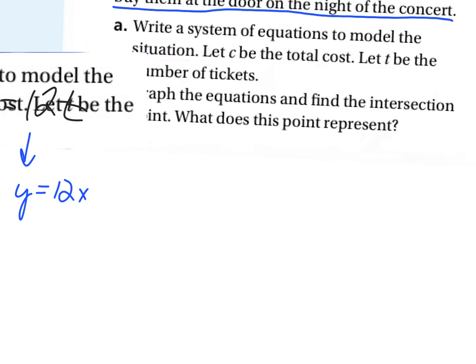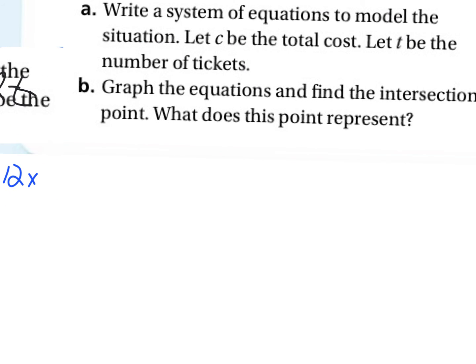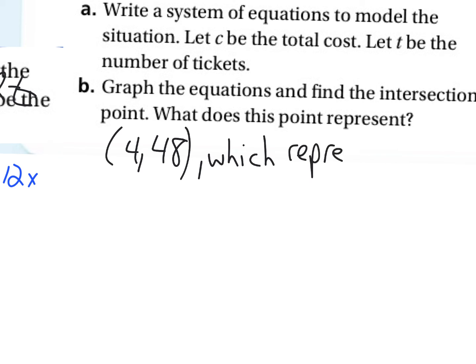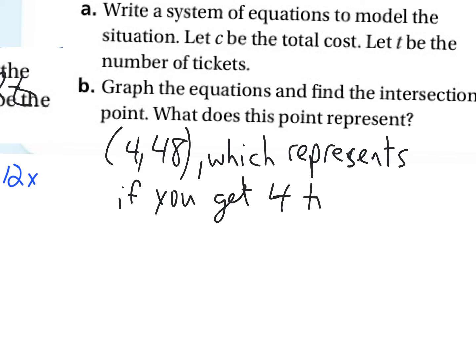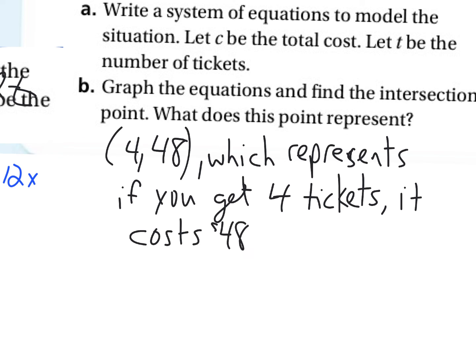So for part B, we could say the intersection point is (4, 48), which represents that if you get 4 tickets, it costs $48 either way.